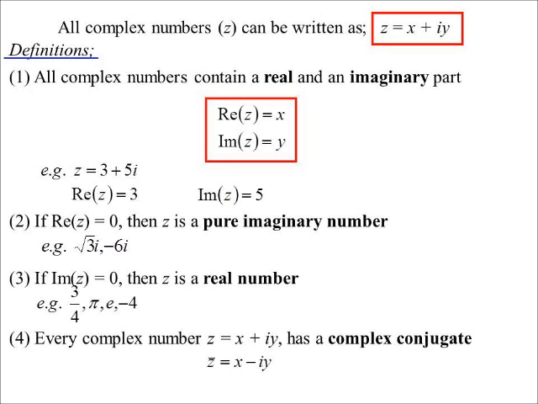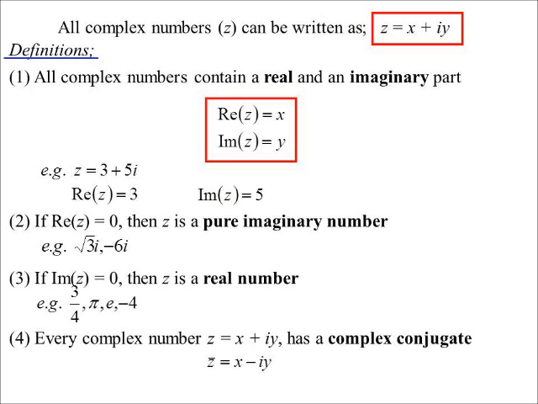Now, every complex number has a complex conjugate. The reason for that is they are surds, because remember, i stands for the square root of minus 1. And surds have conjugates. So a complex number is actually a surd. And so its conjugate, though, is when the imaginary part changes sign. So x plus iy, its conjugate is x minus iy.